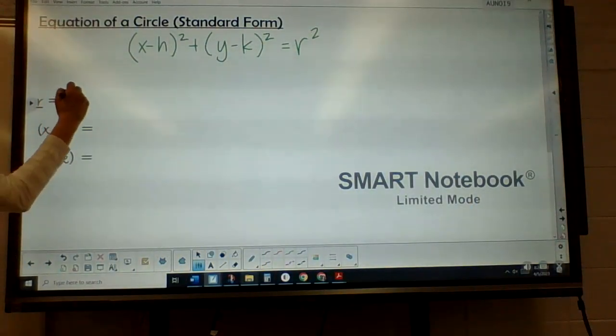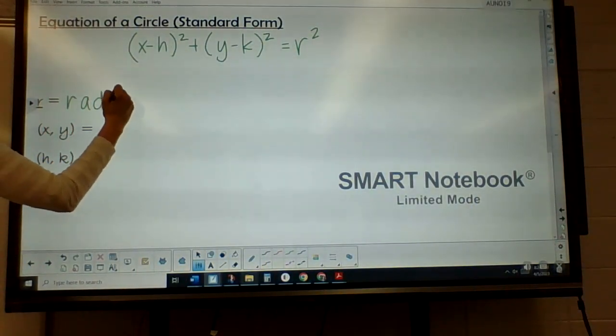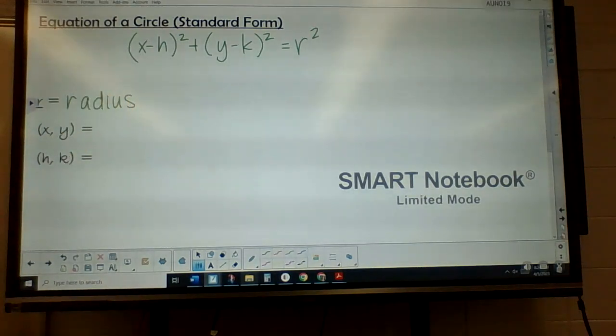And we said R was the radius. Now remember the diameter cut in half will give us the radius.